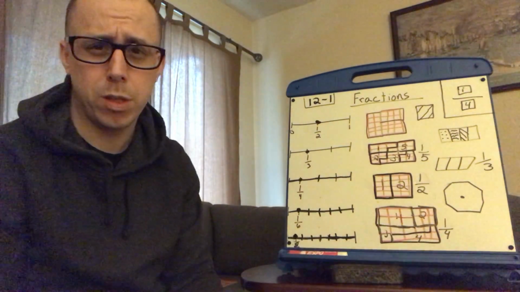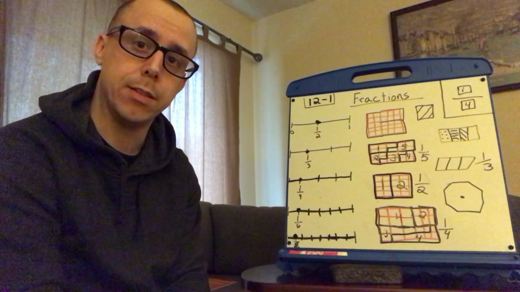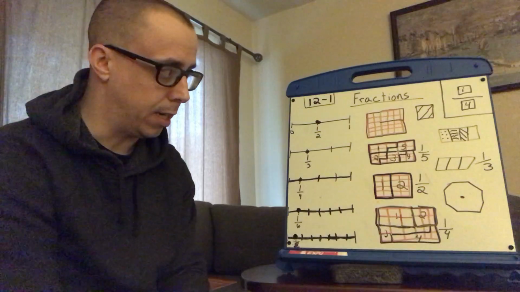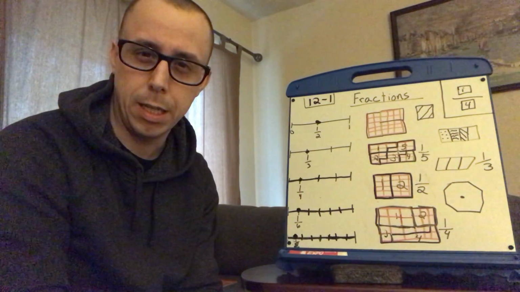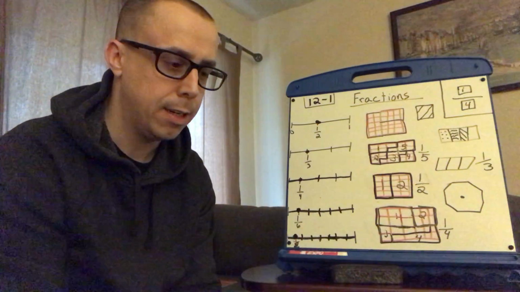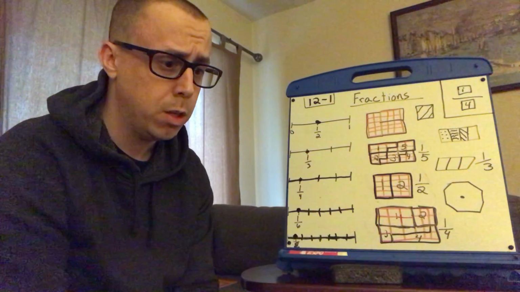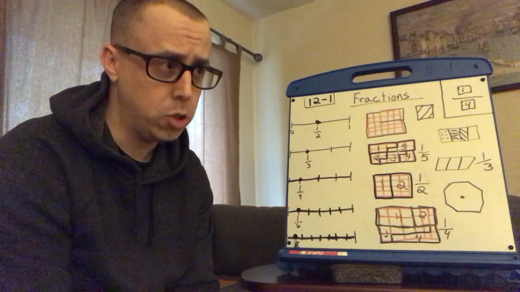And then finally, I just wanted to show you how you can divide polygons evenly. I've drawn a hexagon, but this works with pentagons and hexagons. This is an octagon. And it works with squares too, and triangles as well.